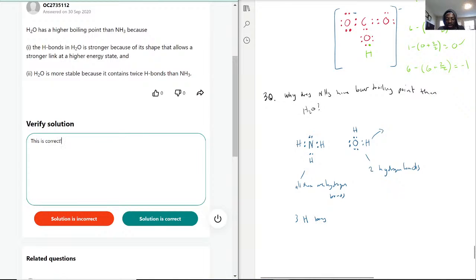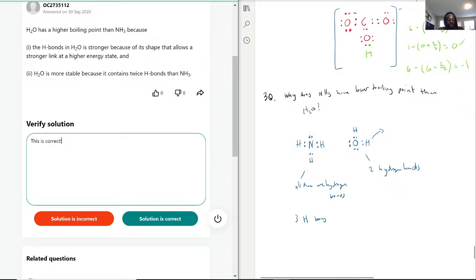So yeah, that's why NH3 has a lower boiling point, because for one, oxygen has more to lose technically because it only has 2 hydrogens to begin with, and 2, the electronegative difference between oxygen and hydrogen is greater than the electronegative difference between nitrogen and hydrogen.